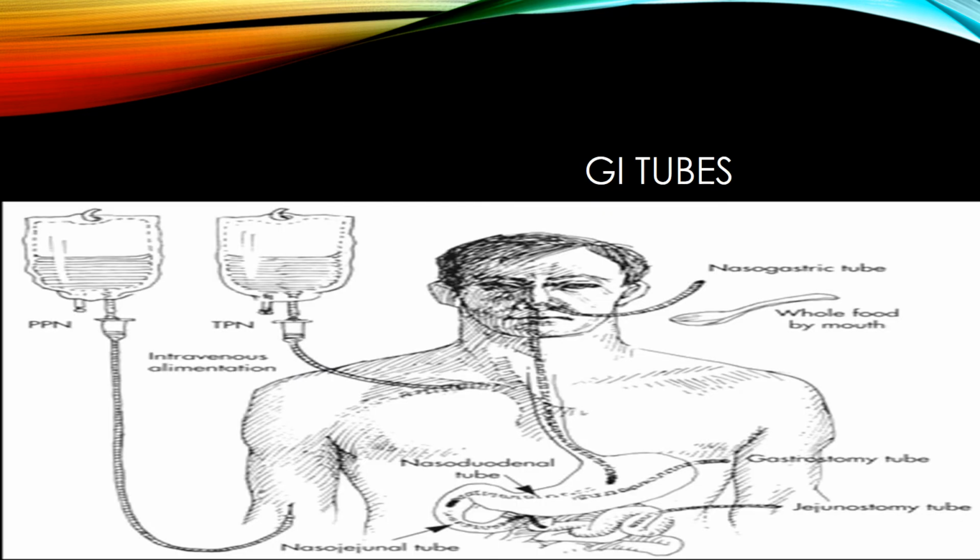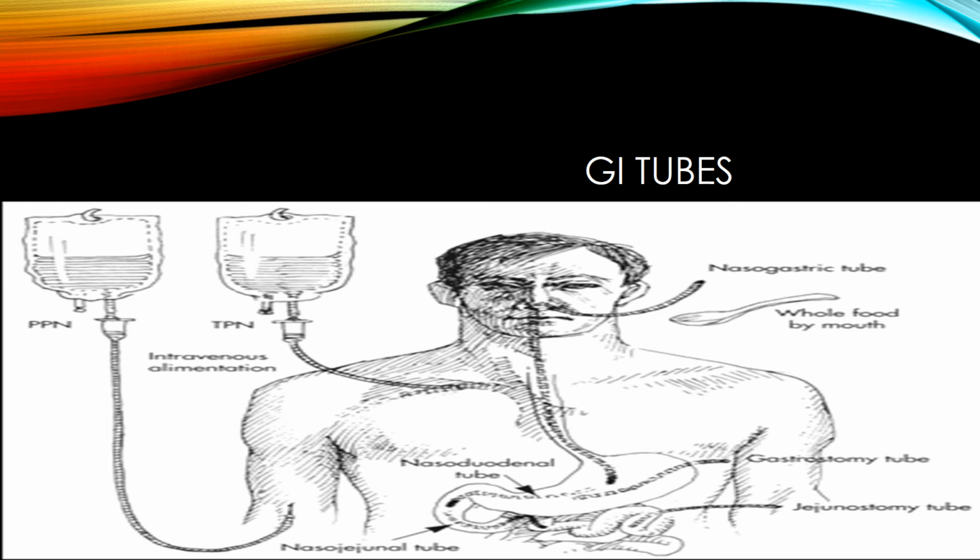Now these are examples of GI tubes, gastrointestinal tubes. So you see one coming from the nose there, and I don't know if this pointer is going to work, but I'll try it. There's the nasogastric tube, and then this is a type of TPN, nutrition that's given through a vein.